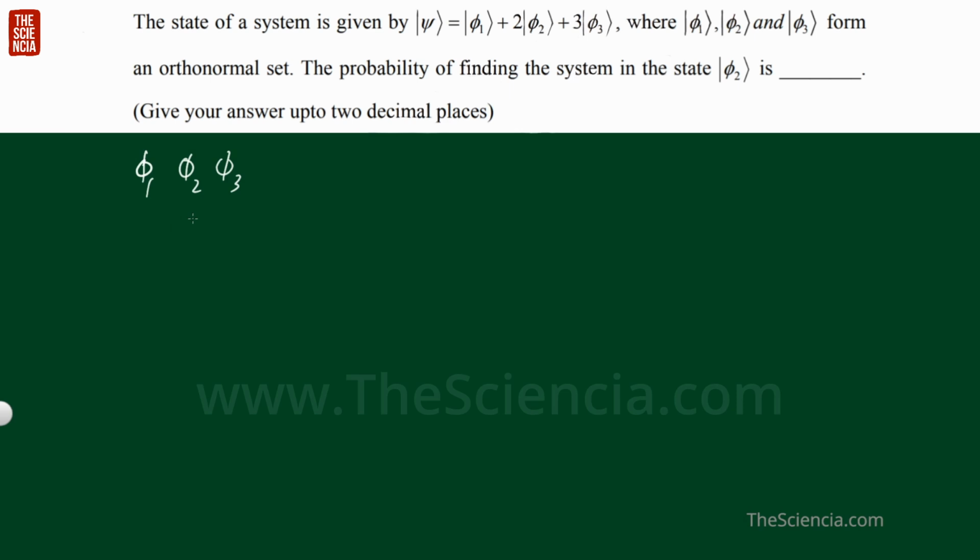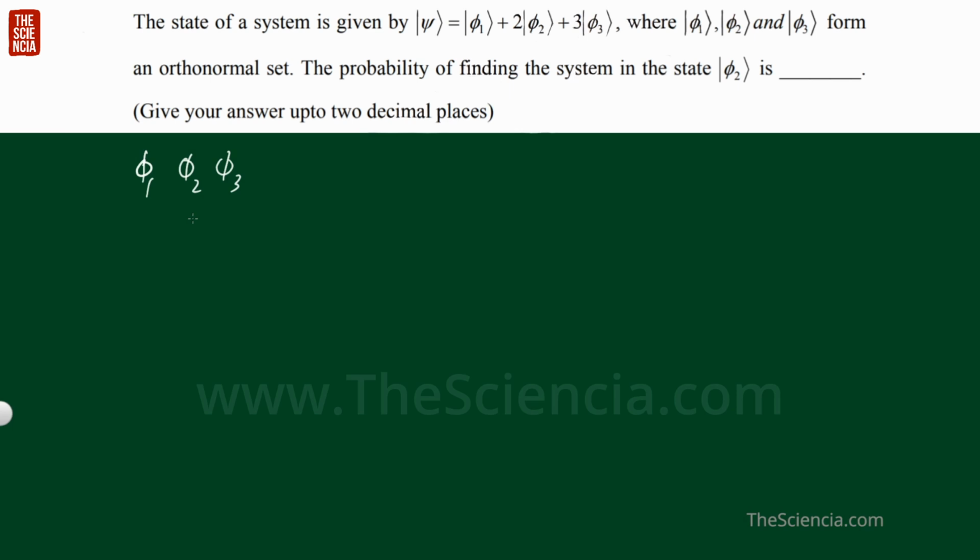That is like a particle in a 1D box can be in the ground state, or maybe it is in the first excited state, or maybe it is in the second excited state. So there is a probability for the particle to be found in the ground state or in the first excited state or in the second excited state. So we can represent the state of the system as a combination of these different states. That is what is given here.